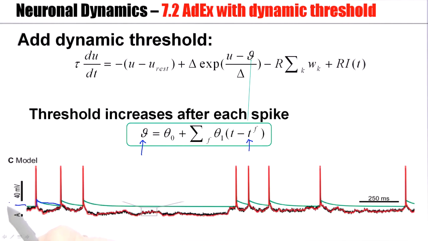This is the value theta 0. The difference between those two is theta 1. Now if there are several spikes with short intervals, then you can actually increase to higher and higher values. And this causes a different form of adaptation.